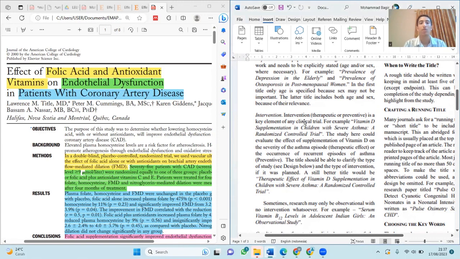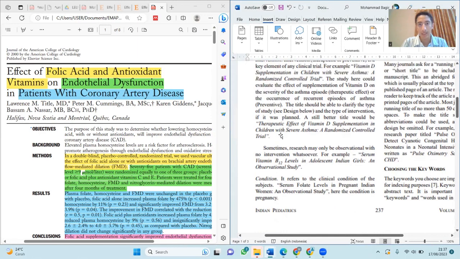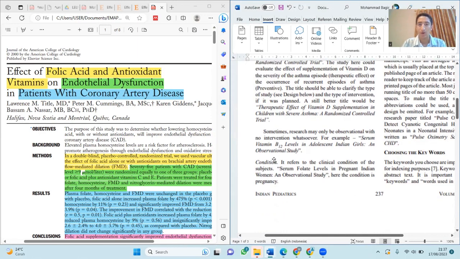If you have a door, you need a key, so the intervention is the key element. Intervention in my article is folic acid and antioxidant vitamins. And C for condition. Condition refers to the clinical condition of the subjects.